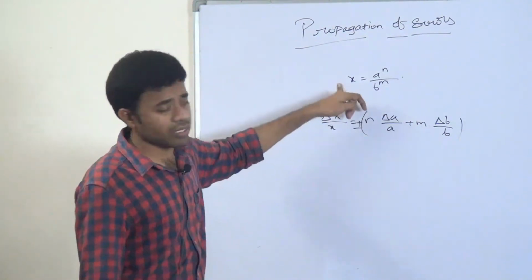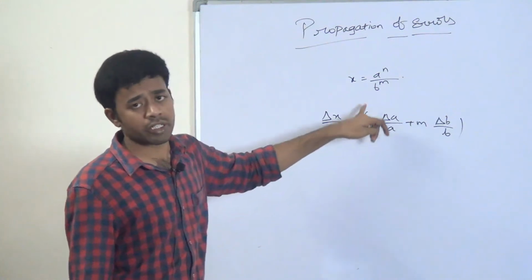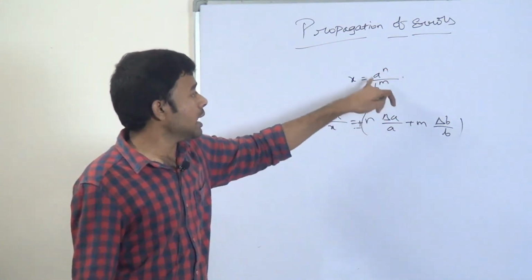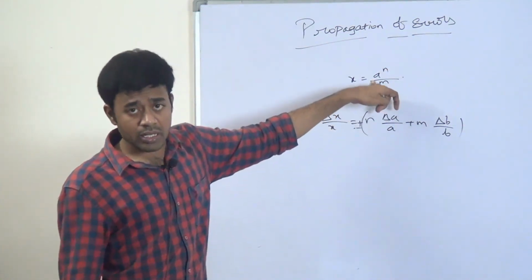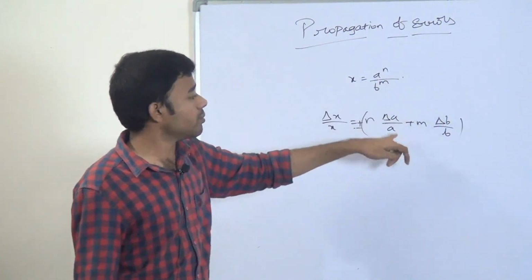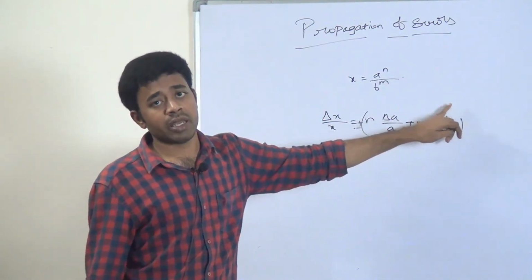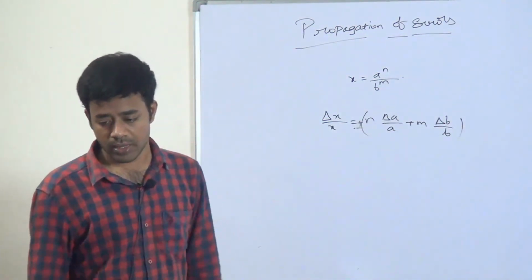So we can find the fractional error in x like this: plus or minus n into the mean absolute error delta a by a, plus m into the mean absolute error of b, delta b by b.